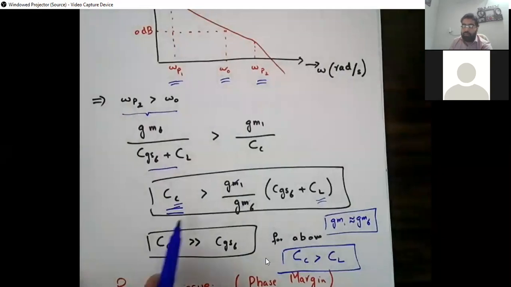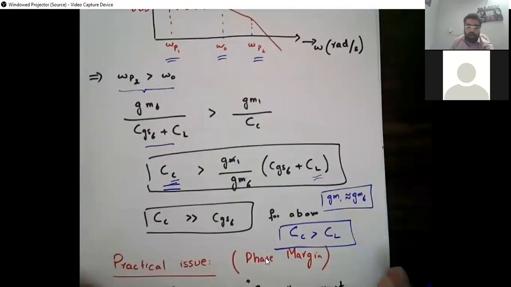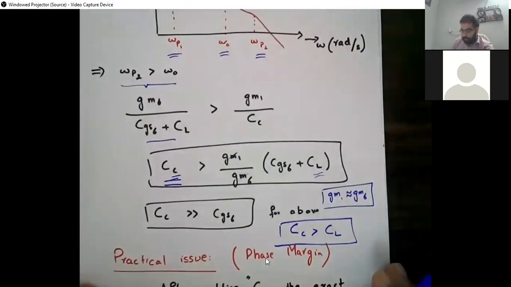In the next lecture we will put some numbers and do a two-stage amplifier design with specifications, such as this much phase margin and this much gain, and see how we proceed with the design.